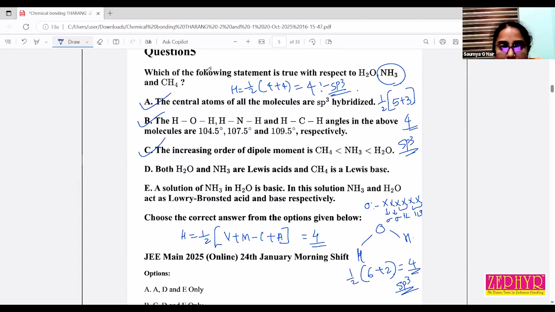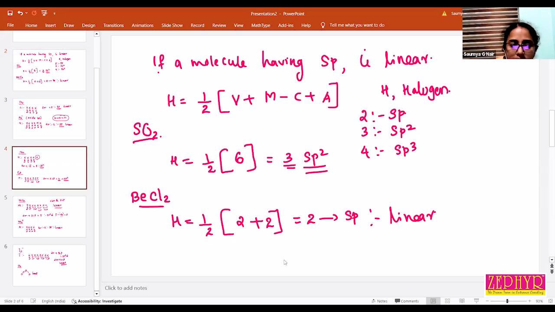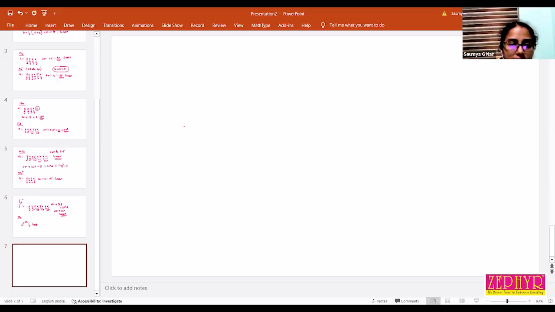What is the structure of water and ammonia? Water, oxygen, two lone pairs; ammonia, one lone pair.